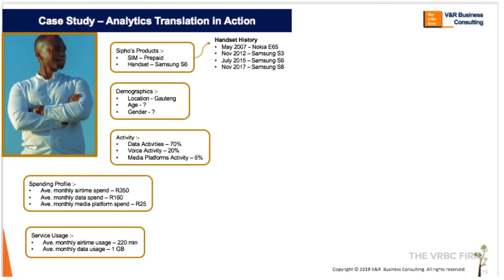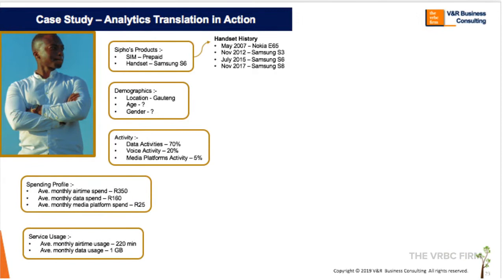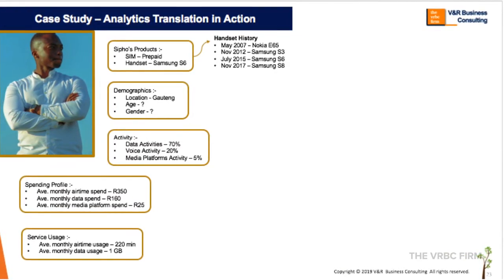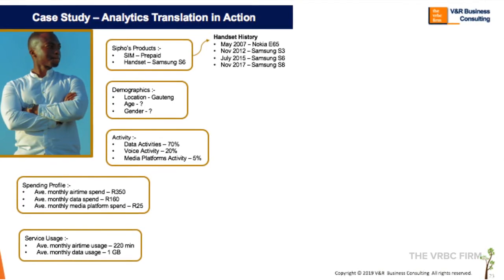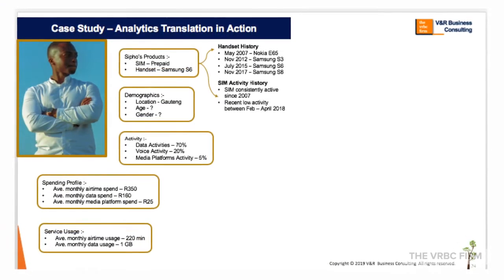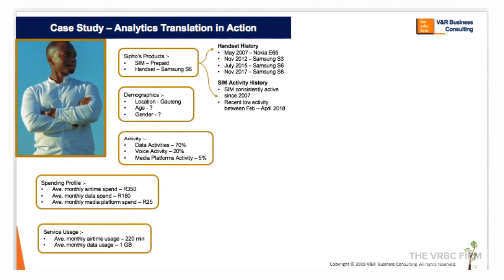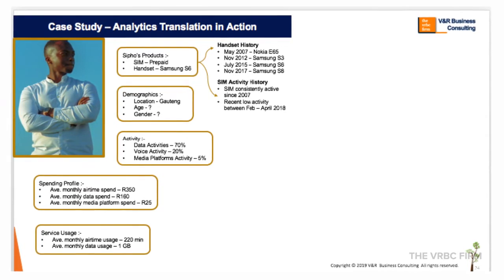We can go further and break down his device history so that we can see how his device usage has been evolving. We can do the same with his SIM card history and pick up some interesting patterns that might help us understand Sipho better.